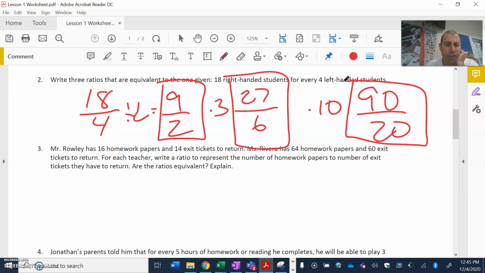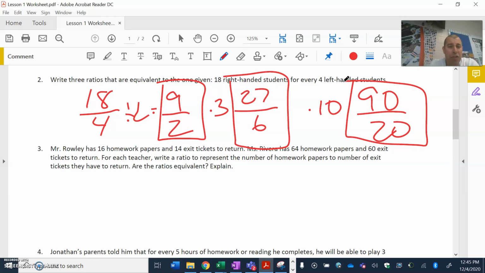All right. Next question, they want you to figure out if they are equivalent. We can do two different things here. One, we could find the unit rate, or two, we could simplify them and see if we end up getting the exact same number.